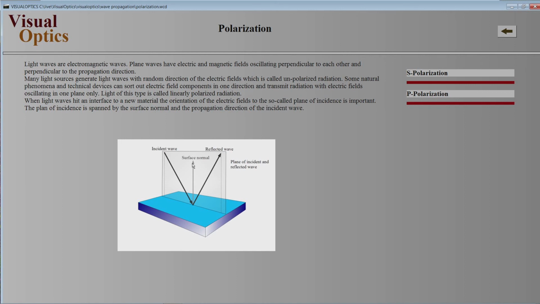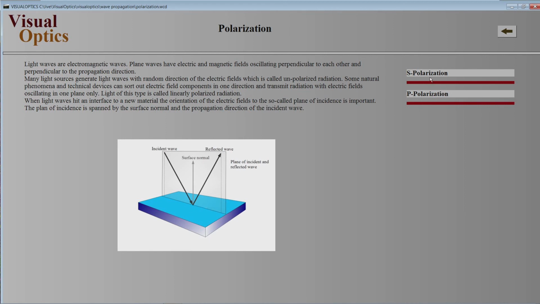And so in this case, it doesn't really matter if the light has an electric field in this direction or in this direction. This changes if the light is not incident directly from the top, but at a certain angle. In this case, the light comes from here, a little oblique, and now it makes a difference for the reflection, for the amount of reflected light, if the electric field is oriented in this direction or in this direction.